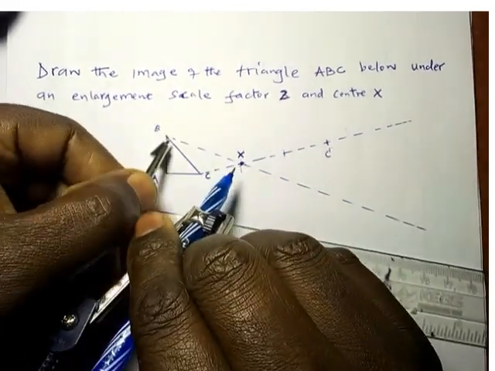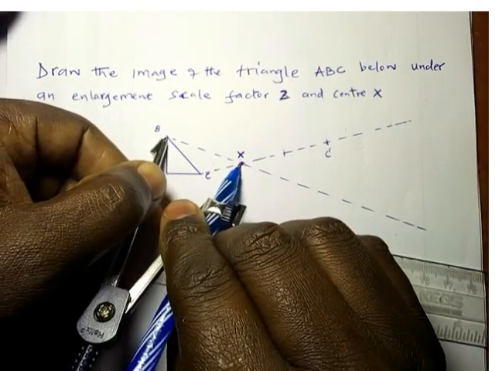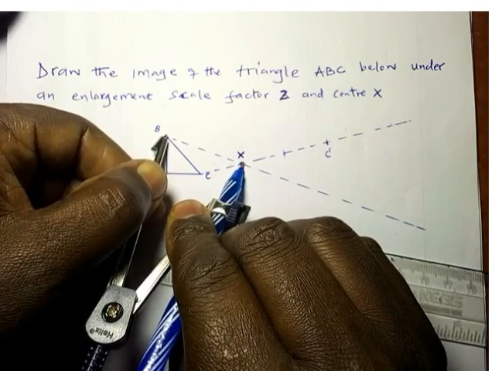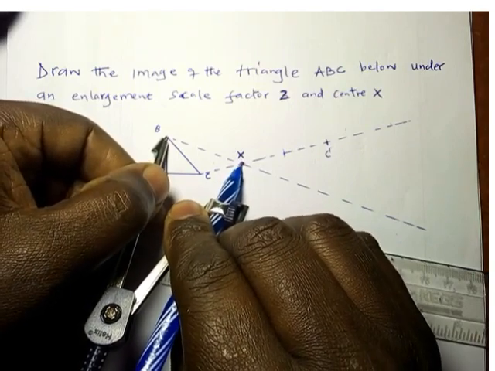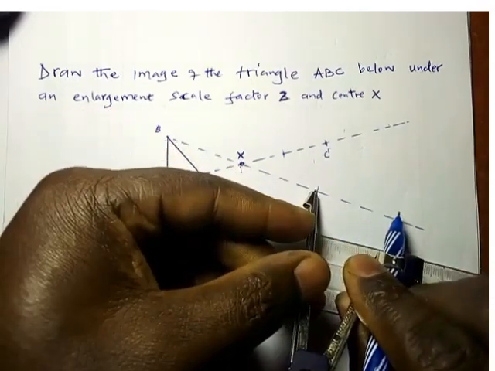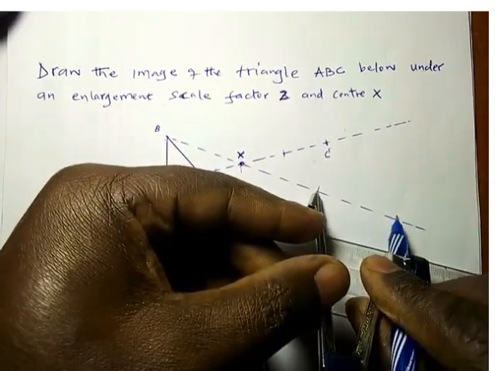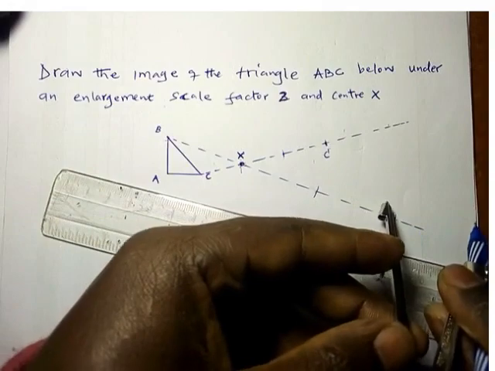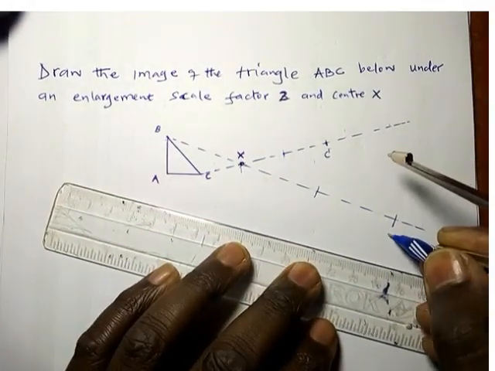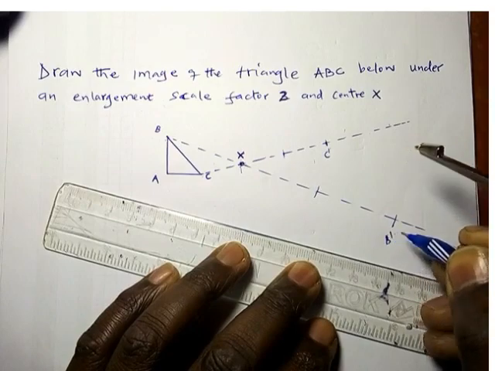Using your pair of compass, measure this distance like that. Make sure you are accurate. And then now 1, 2. If the scale factor was 3, you go to 3. But now it is 2. So here we will have our B prime.